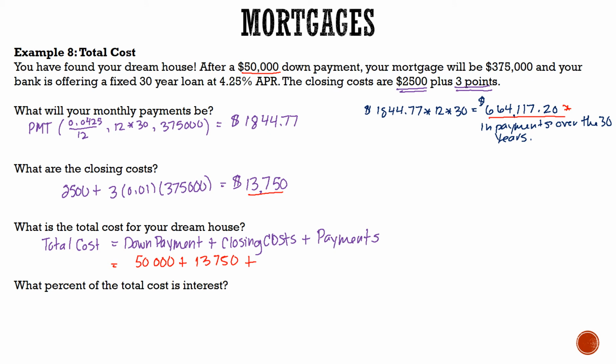So that's going to be $664,117.20 in payments. So when we add those three different pieces together, we'll come up with our total cost of owning this home, and that is going to be $727,867.20, a lot more than the $375,000 that the house was priced at.